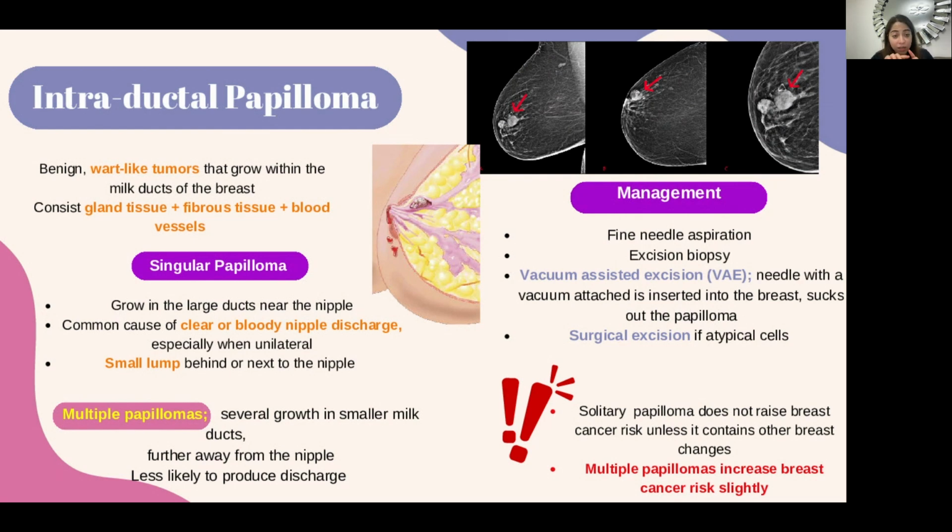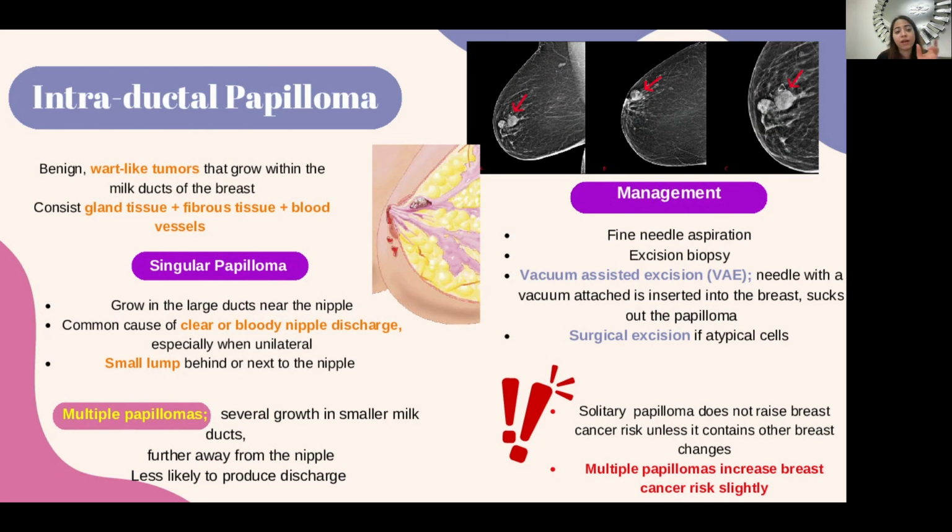If you get singular papillomas, they often grow in the large ducts near the nipple, as you can see. And as I said, you can have bloody or clear discharge because of the contents of the papilloma.